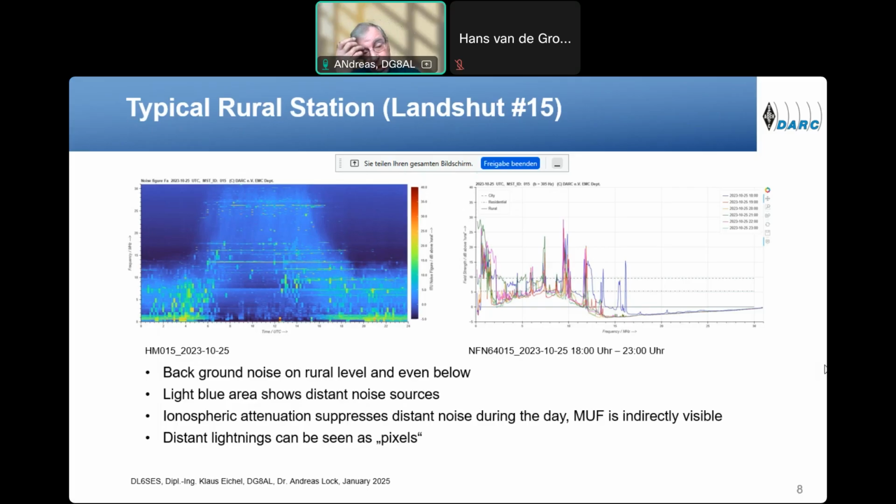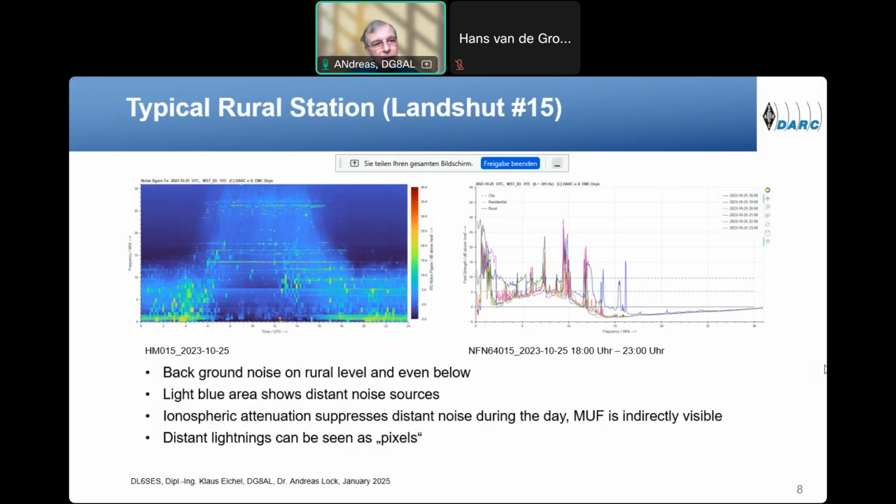You also see some bricks or these nice pixels, which come from distant thunderstorms. Michael Hartje showed at an amateur radio conference two years ago that these pixels come from thunderstorms. We waited for a day where we had no bad weather conditions in the whole of Europe.